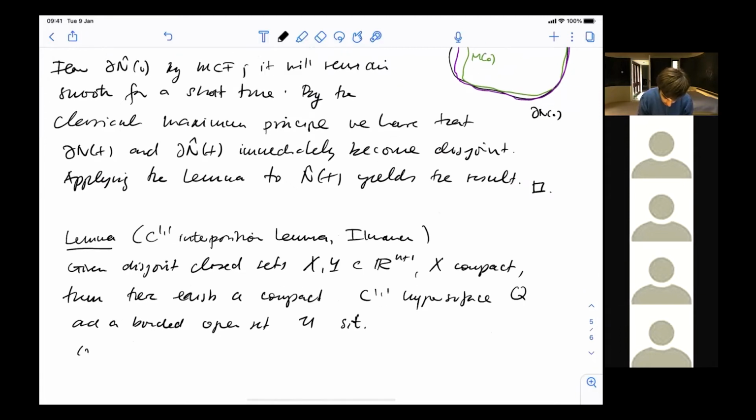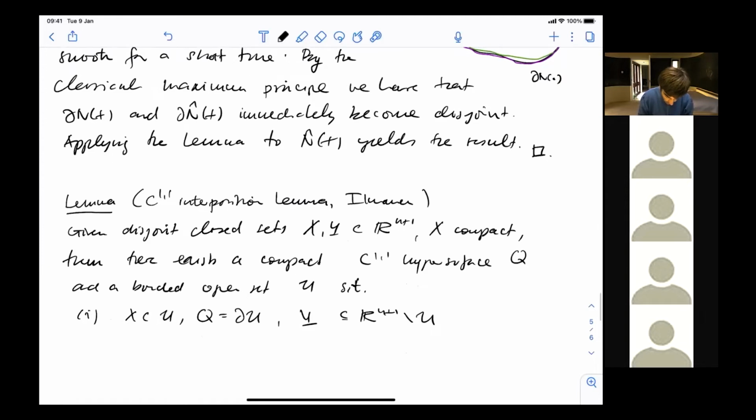X is contained in U, Q is the boundary of U, and Y is in R^{n+1} without U. And here's the second one, that's the important one. This hypersurface exactly bisects the distance between X and Y. So the distance from X to Q plus the distance from Q to Y is the distance from X to Y.